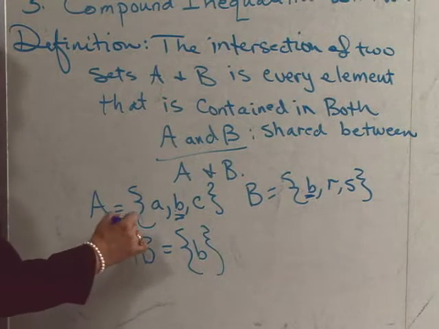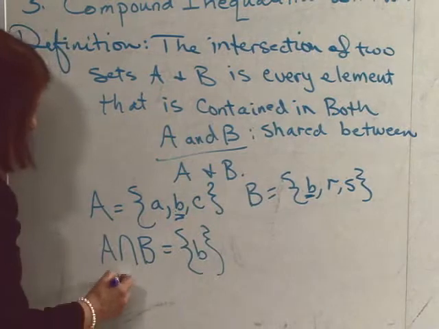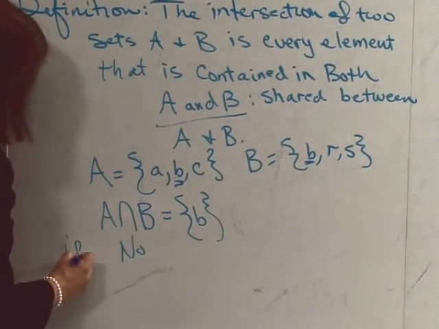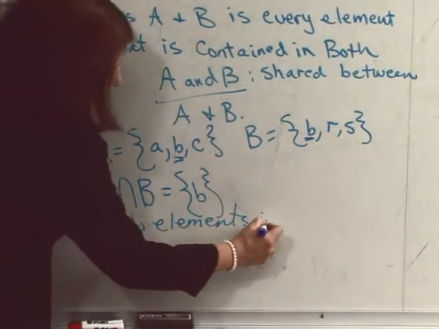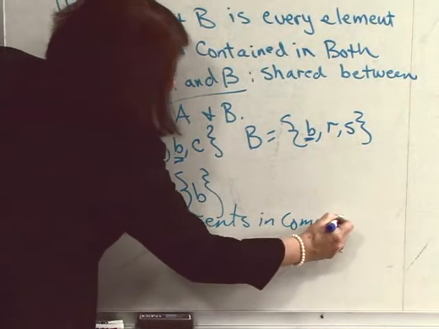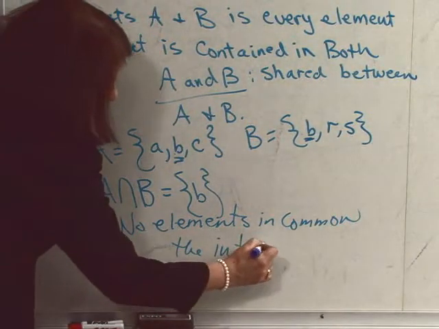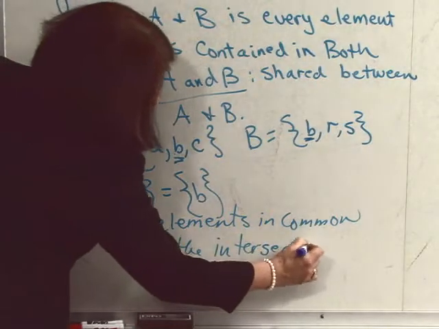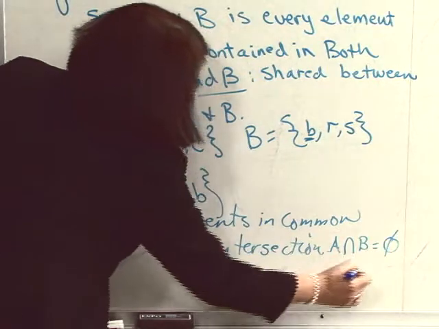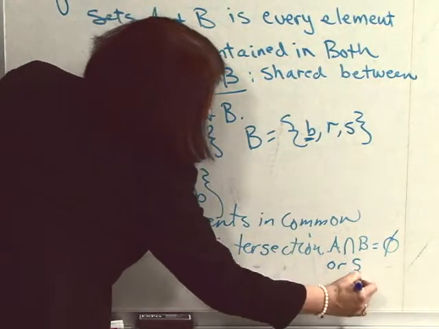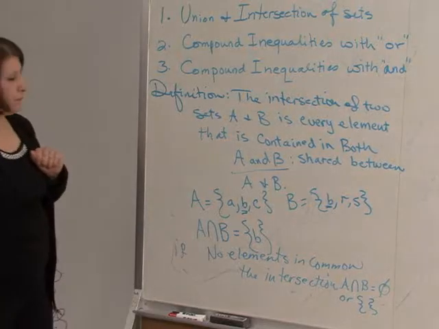And if they don't share any elements, if they have no elements in common, that means the intersection is the empty set. A intersection B is the empty set. Or another symbol for the empty set is those braces with nothing inside them.